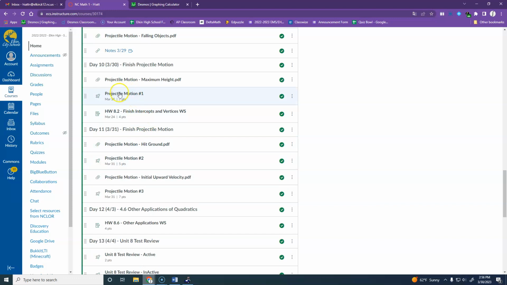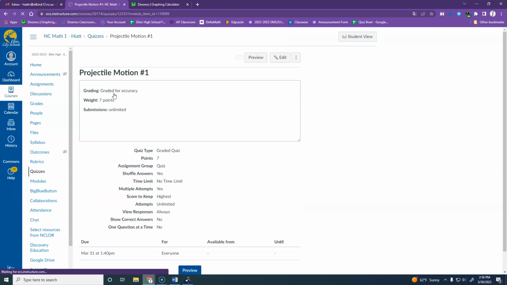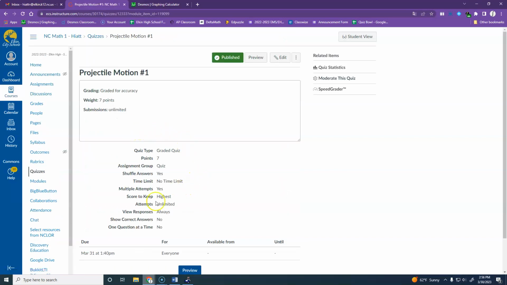You are going to do this assignment right here, which is projectile motion number 1. It is going to have 7 questions. It's like a Canvas quiz. It should let you take it more than once. I think it lets you see your responses, but I don't think it gives you the right answer. So if you miss it, you'll have to rework that problem.